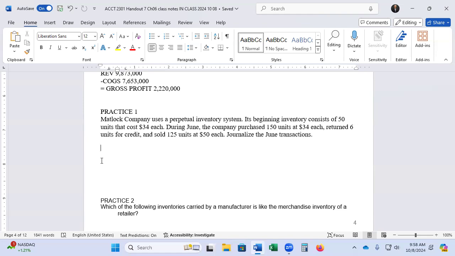If you're not sure about the entries, at least try to go through and get the 4 amounts.